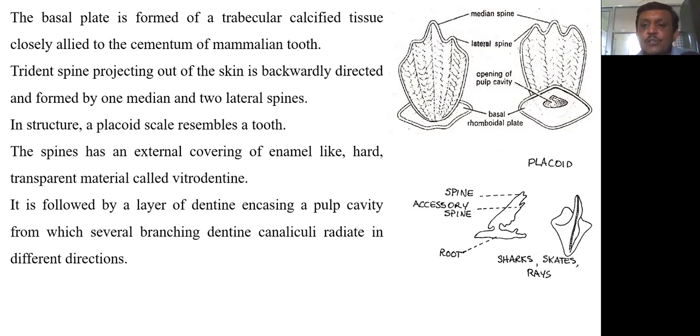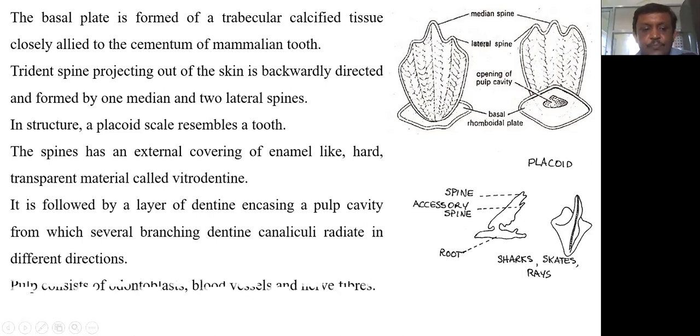As in the diagram also, these are the different radiating canaliculi, which radiate in different directions. Pulp consists of odontoblast cells, blood vessels, and nerve fibers.